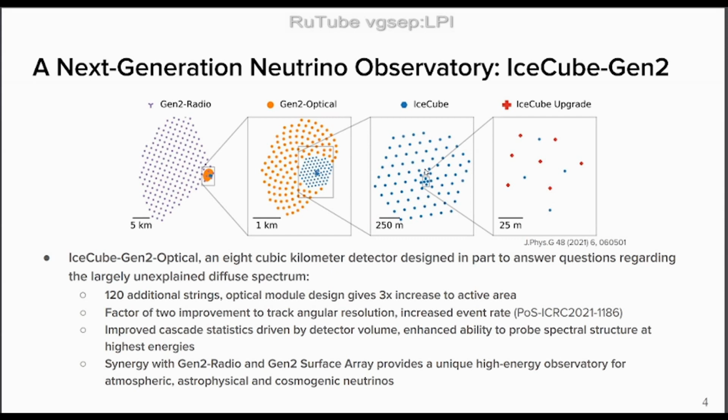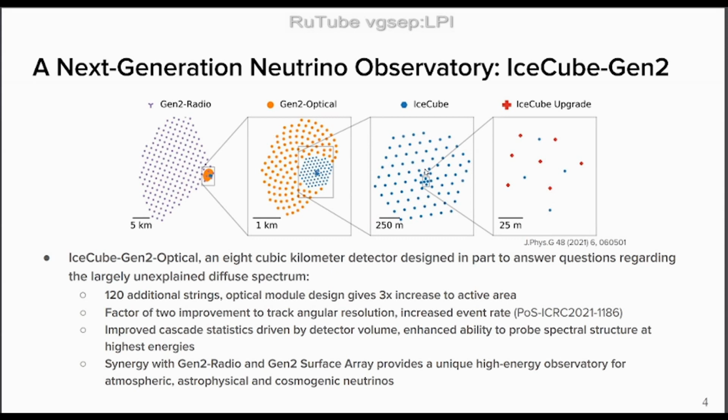It will be 120 additional strings deployed around the existing IC86 detector. We're expecting about a factor of 2 improvement to angular resolution, and increases in both track and cascade statistics. My presentation will focus on Gen2 optical.